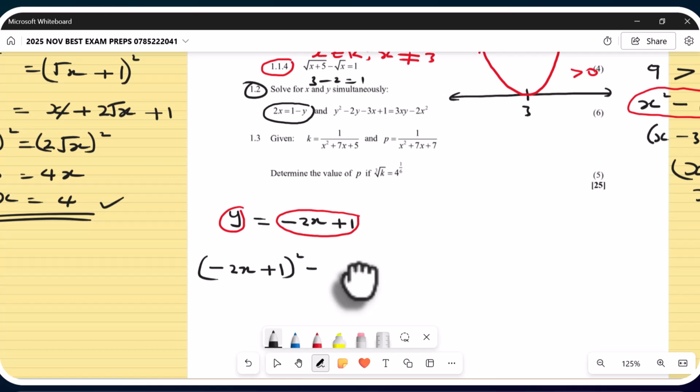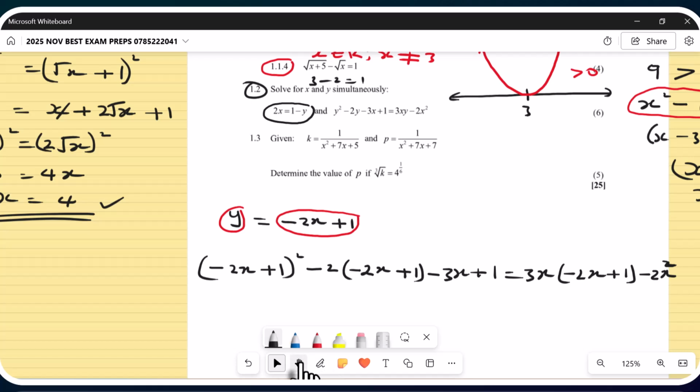It's going to be negative 6x squared. What about here now? I get a 3x here. Then minus 2x squared. Now negative 6x squared plus negative 2x squared gives me negative 8x squared. What about this? I've got positive 4x squared. So the negative 8 after crossing over becomes positive 8. 8 plus 4, I get 12x squared.